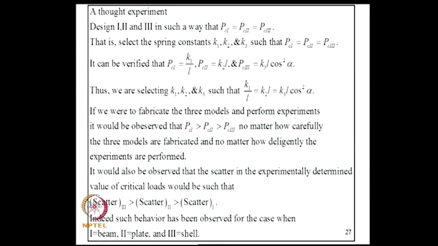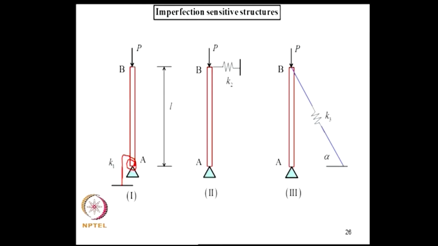Now, let us assume that, as a thought experiment, we are fabricating these 3 systems carefully and performing a load deflection analysis. No matter what care we take in fabrication and no matter what care we take in applying this load in an ideal manner, it will always be observed that PC1 will be greater than PC2 and that will be greater than PC3, although as per the design all 3 loads must be equal.